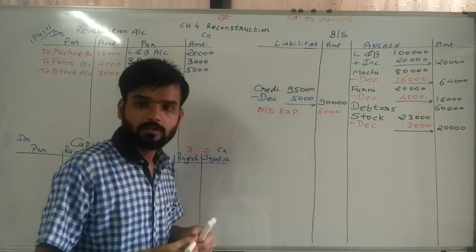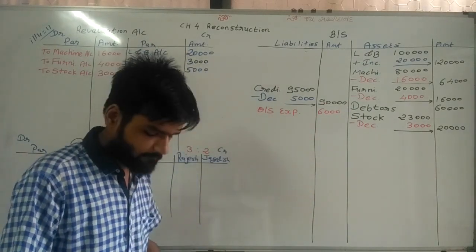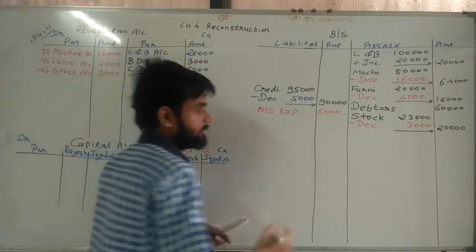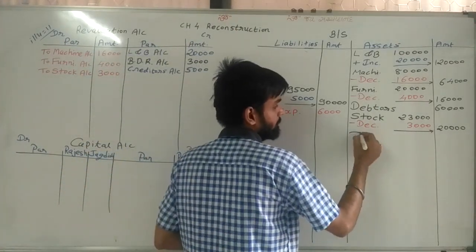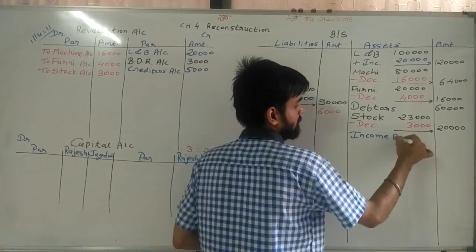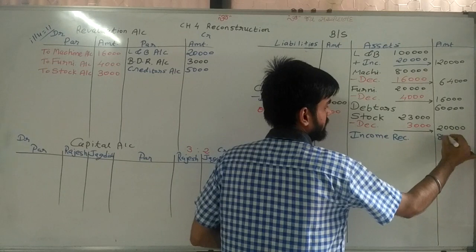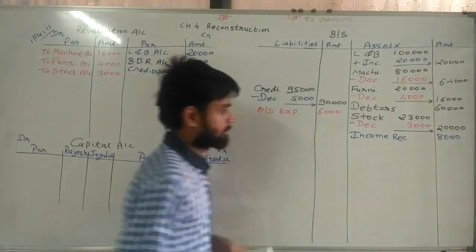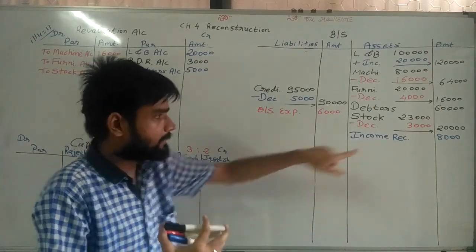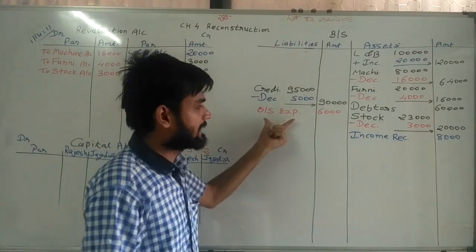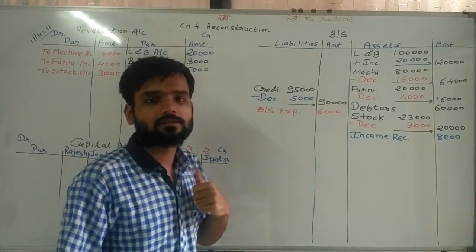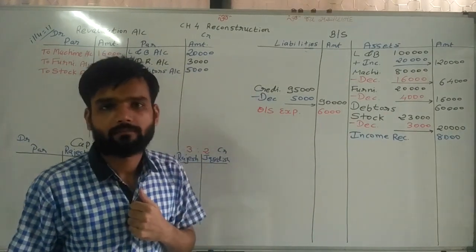Same way, sir, income receivable 8,000. We need to write it, so write down here income receivable 8,000. That is my asset. Receivable means asset. Payable means liability. Outstanding means payable. Here income receivable means my income.